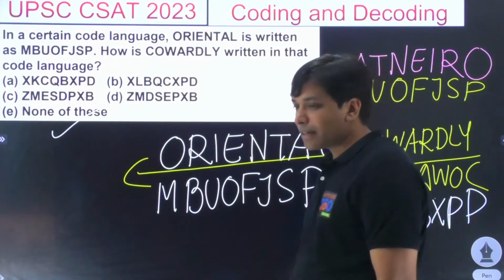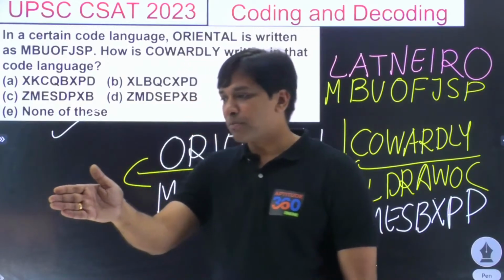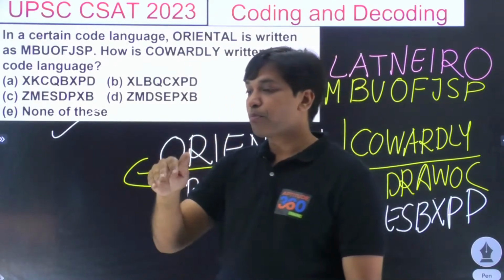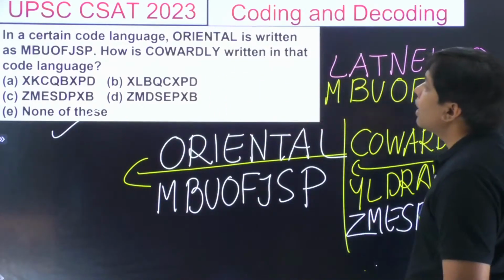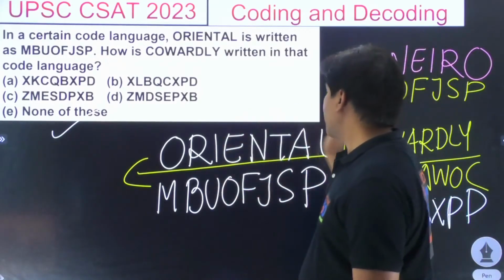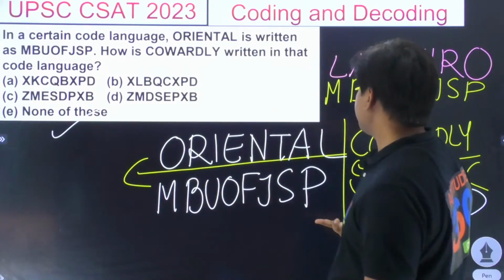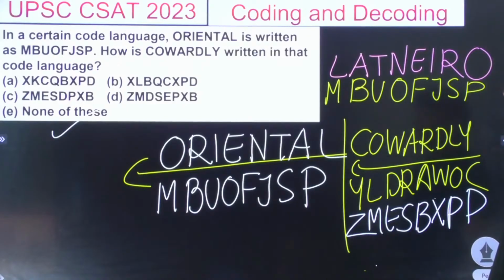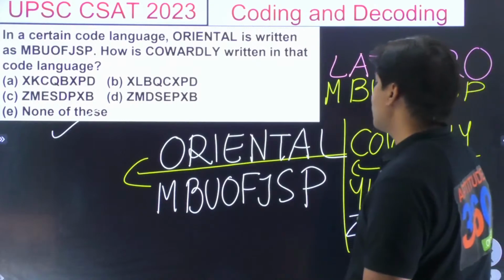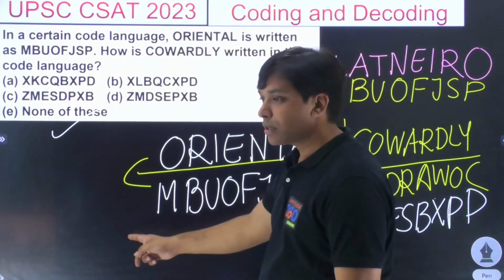Did I make a mistake? Let me know in the comment section if I have made a mistake. I don't think so. What have I done? Oriental is written in this, so reverse and then one step forward. Oh, this is no.